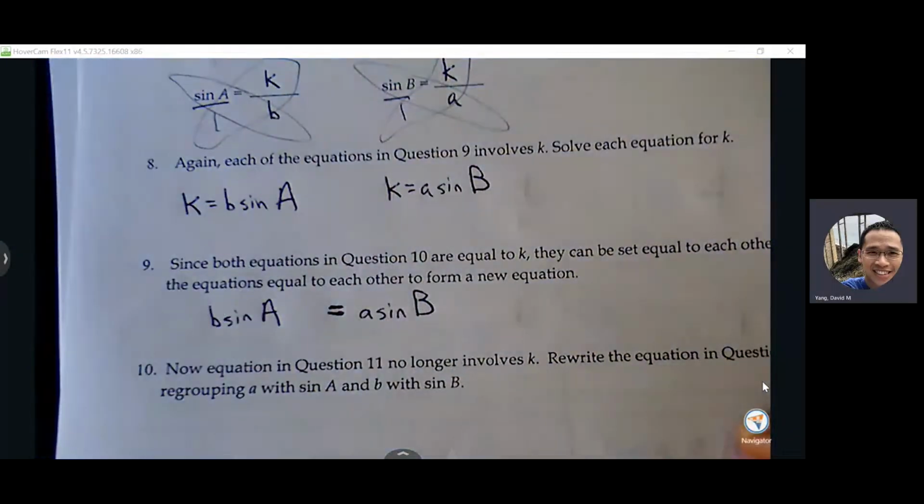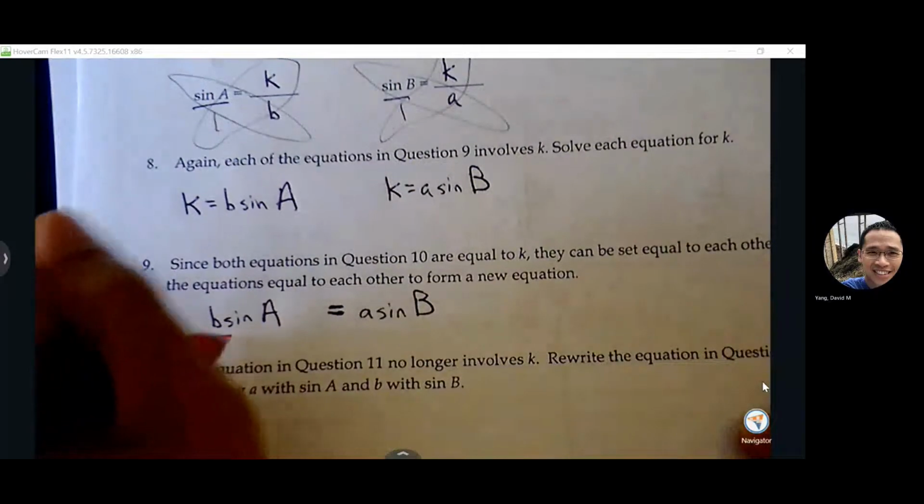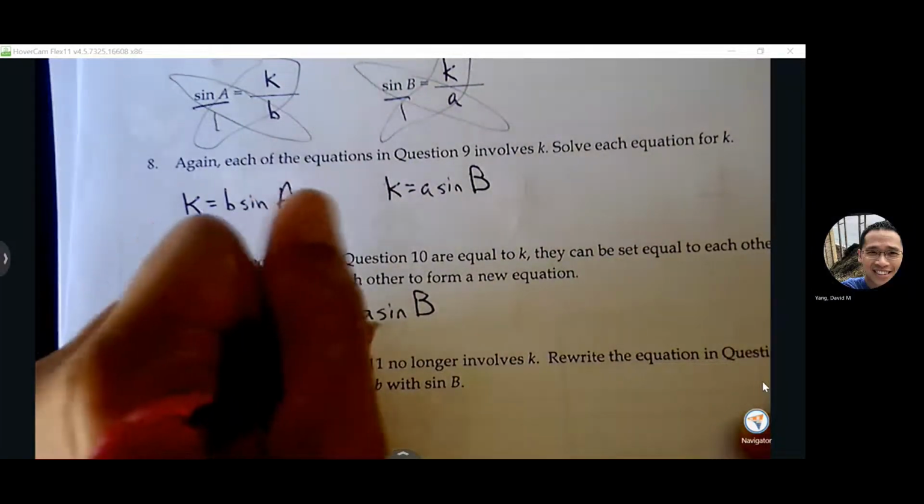I'll divide the A and B over to the other side. It'll be easier to group them and memorize them.